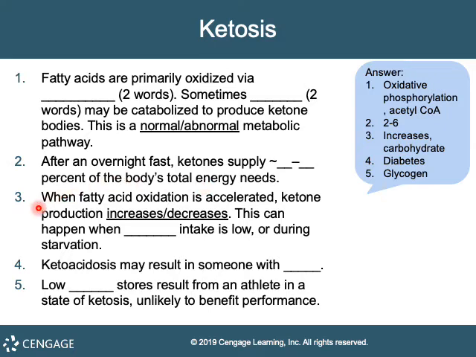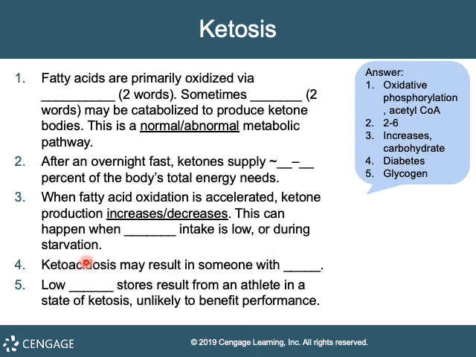When fatty acid oxidation is accelerated, ketone production will increase. This can happen when carbohydrate intake is low or during periods of starvation. Ketoacidosis may result in someone with diabetes. Ketoacidosis rarely will occur in someone who's not diabetic, even if they're in ketosis.